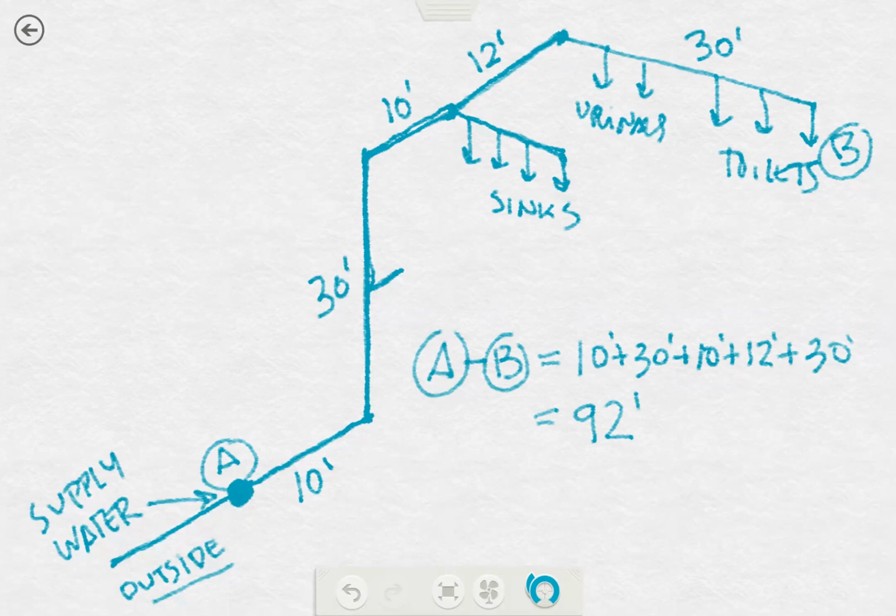And why is this point important? Because here we will have a water pump. So we have to pump water from this point up to the farthest toilet. Do we have any other toilet in the building? Yes, we do. But is it supplied by this water pump? I know that there are toilets in the other part of the building where the studio is or close to the computer lab.